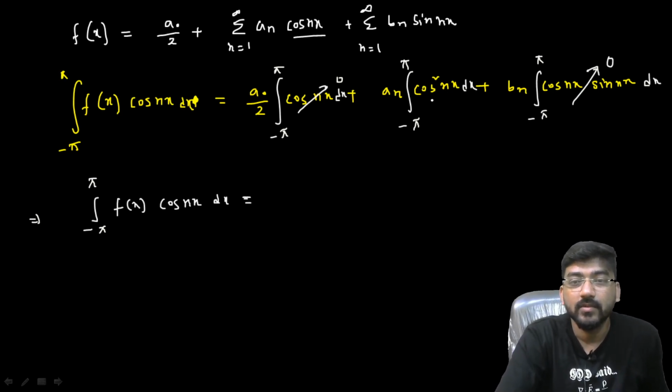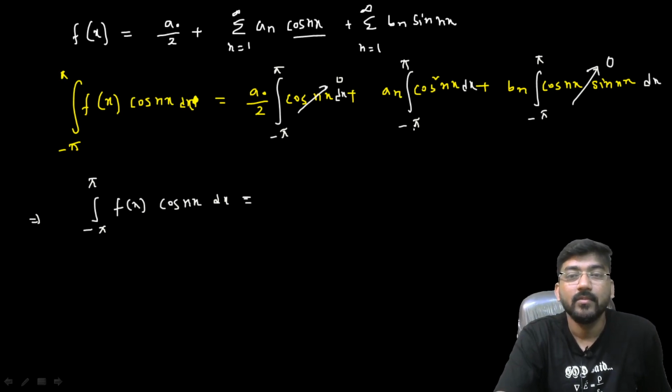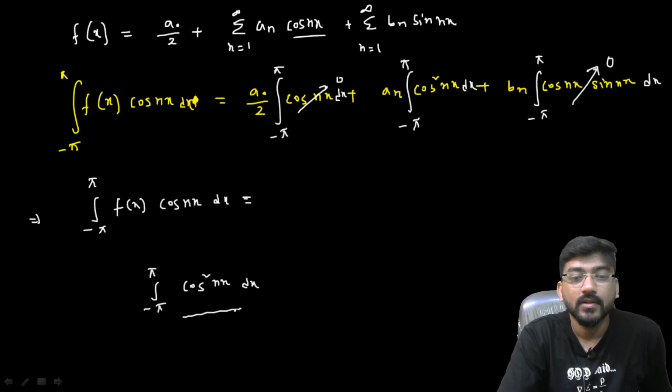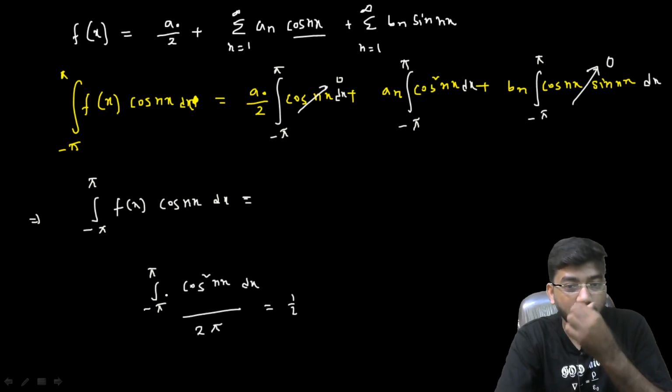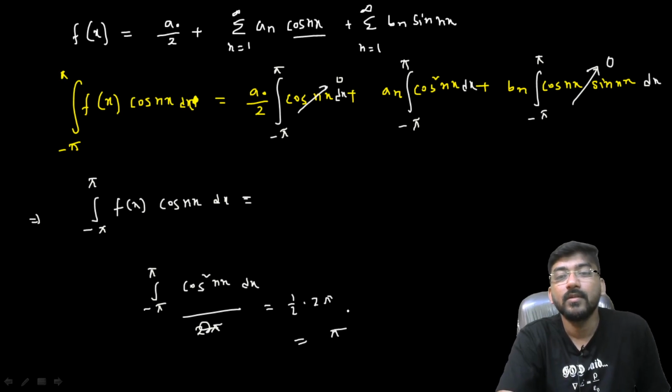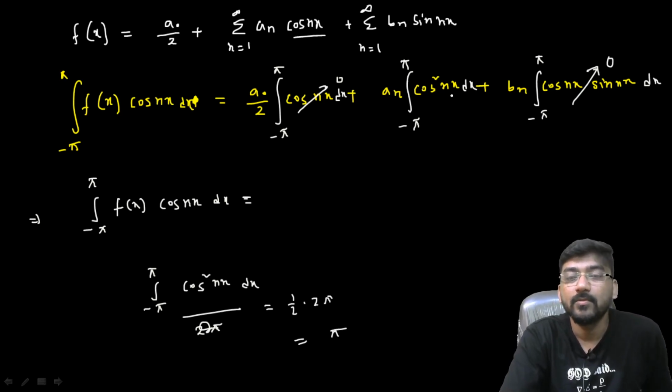So minus pi to plus pi cos square nx dx divided by 2 pi is half. If you talk about only minus pi to plus pi cos square nx, then it will be half into 2 pi, which is just pi. So this value will be pi.